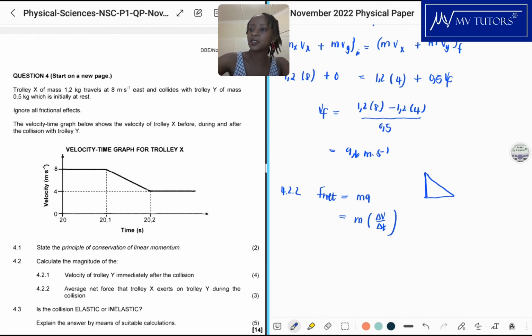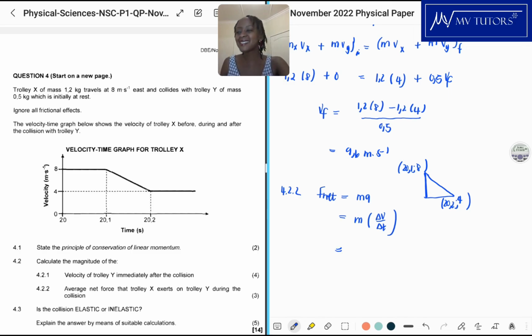Because we have the change in velocity, we went from 8 all the way to 4, and the time as well, we went from 20,1 to 20,2. So if you were to put that in XY coordinates, if I could say. So now when it says the average net force that trolley X exerts on trolley Y during the collision, you can simply take the area under the graph, or you can simply calculate it yourself, which is pretty much the same thing.